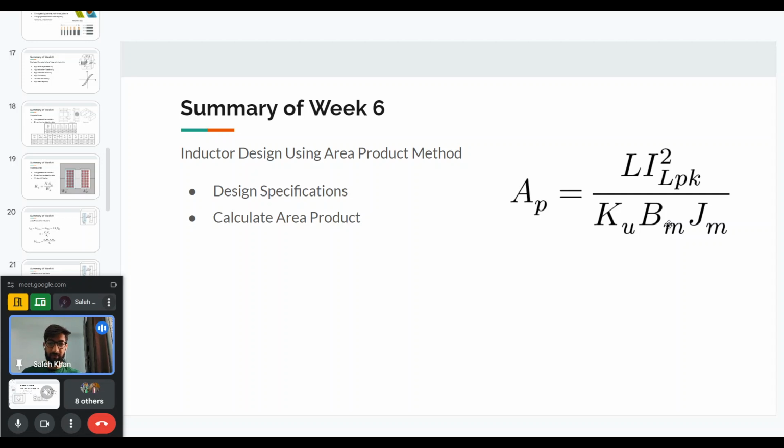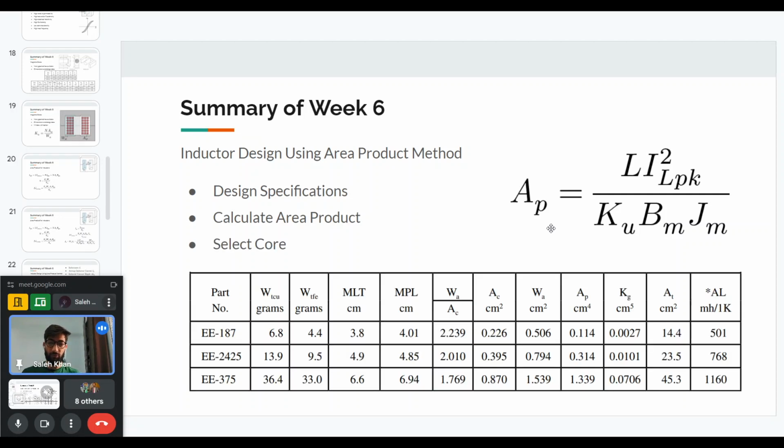Once we find the area product, next we have to choose a core. Once we have chosen a material, and a shape first, we will have a table given by the manufacturer. Different manufacturers give different names to their cores, and then we have to match the area product.